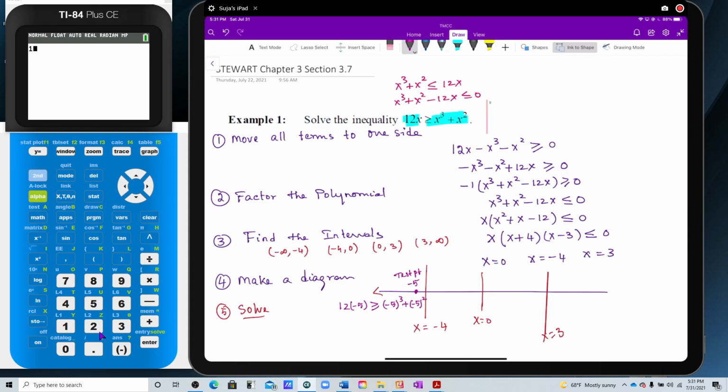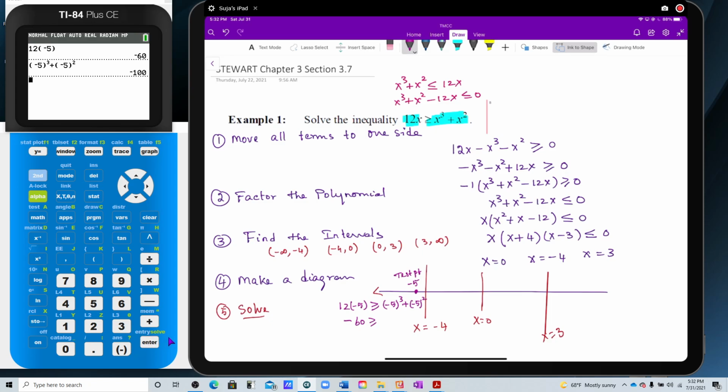So let me do this here. 12 times negative 5 is negative 60. So negative 60 is greater than or equal to whatever I find on my right-hand side, which would be negative 5 cubed plus negative 5 squared, which would be positive 25, right?